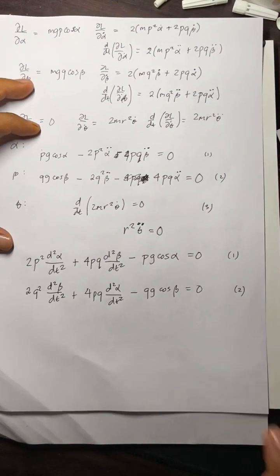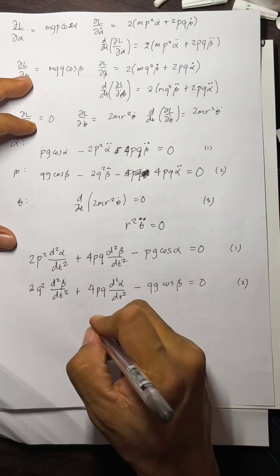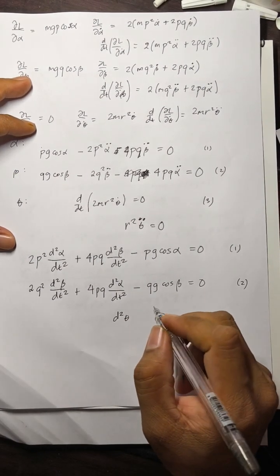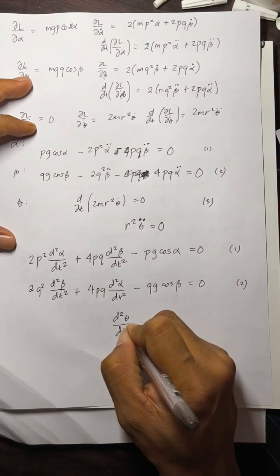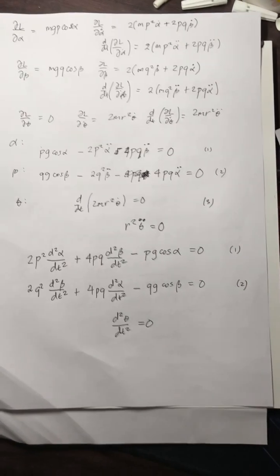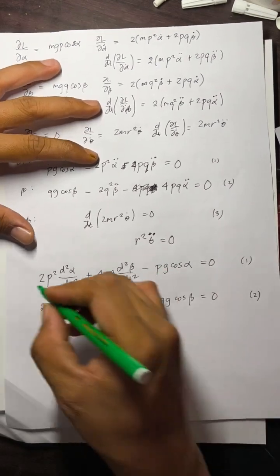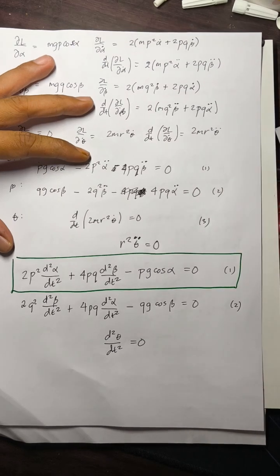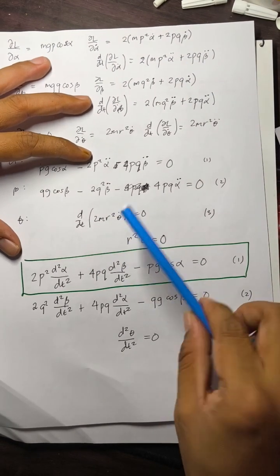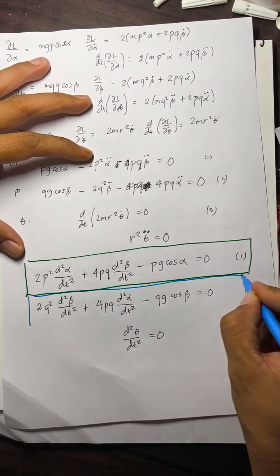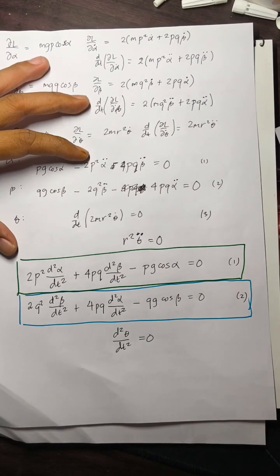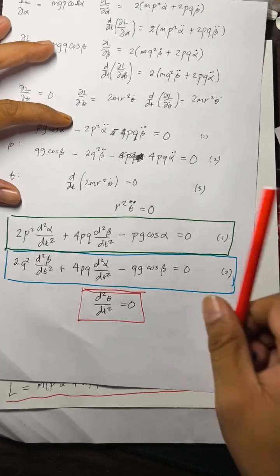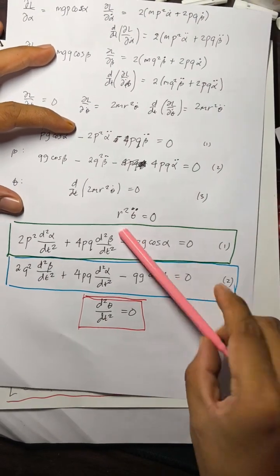This is my equation 2. And of course, my equation 3 would be d squared theta over dt squared equals 0. You can take the r squared there. Let's use green for this, blue for this one, and red for this one. So these are coupled equations.